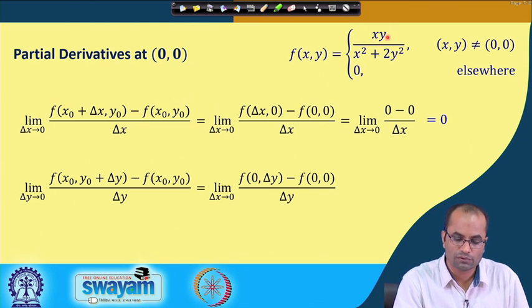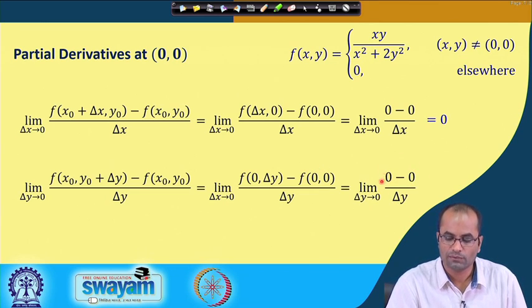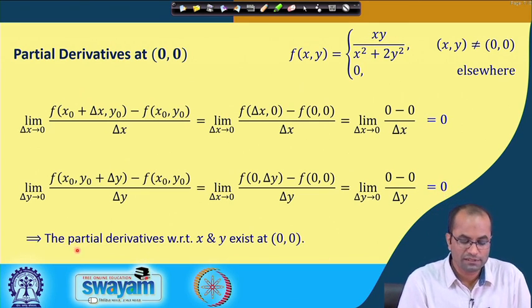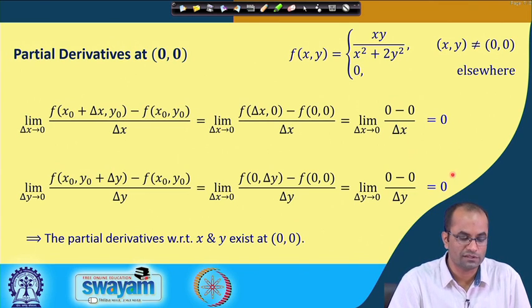So, this will also become 0. So, 0 minus 0 over Δy, and this is 0, and we got again this limit as 0. So, both the partial derivatives with respect to x and with respect to y exist. The value of the partial derivatives in both the cases is 0, and the function was not continuous in this case.